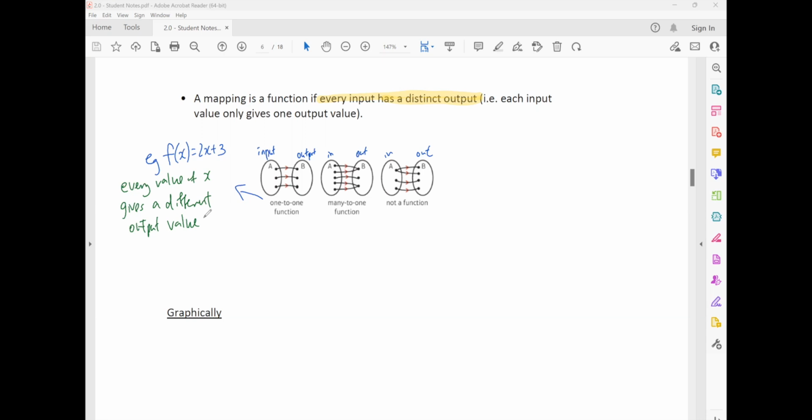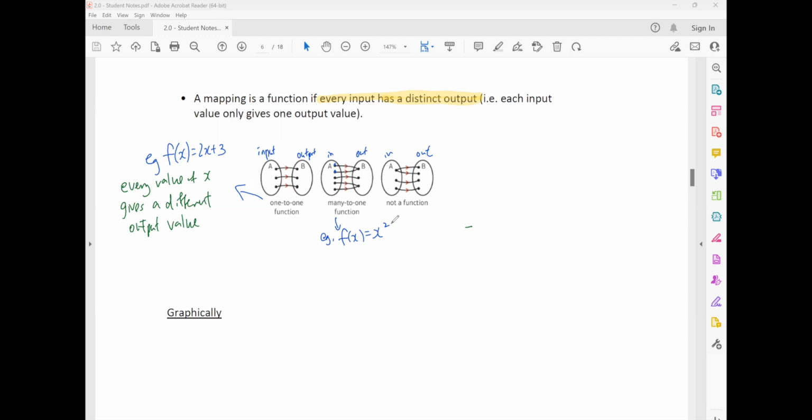Now, the second one is called a many-to-one function. Many-to-one means more than one input gives one output. So you can see these two inputs, these little dots, give the same output in B. I'll give you an example in here, e.g. f of x equal x squared.